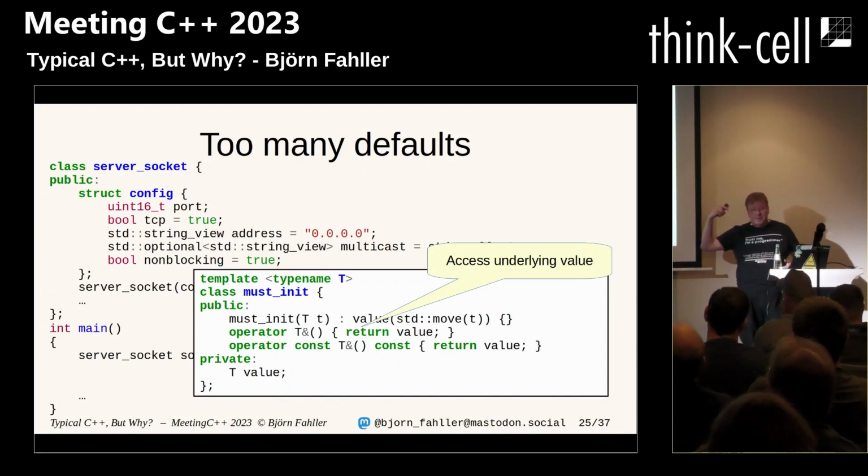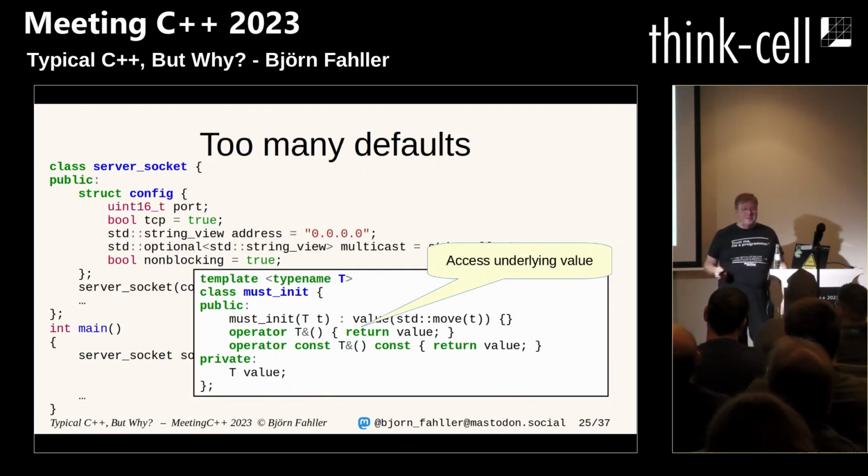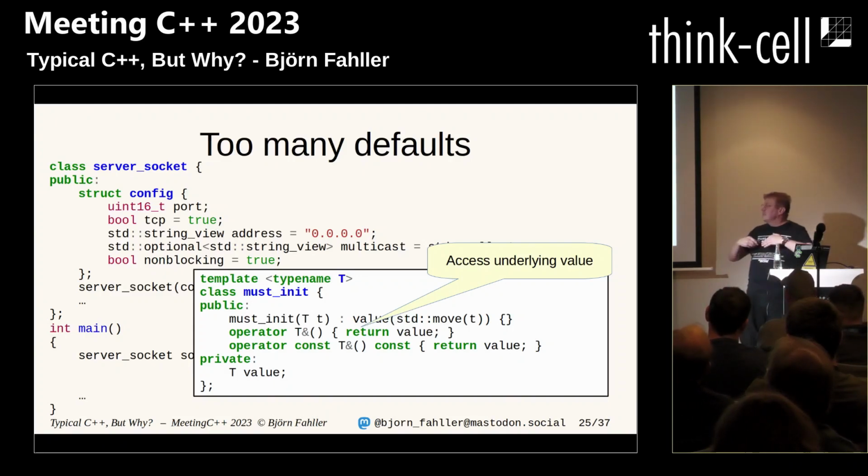I am violating the recommendation I gave earlier about conversion operators that it should almost always be explicit, but almost, not absolutely always. In this case, I think it is okay, because, for example, with the port, I want this to, for all practical purposes, just be a uint16.